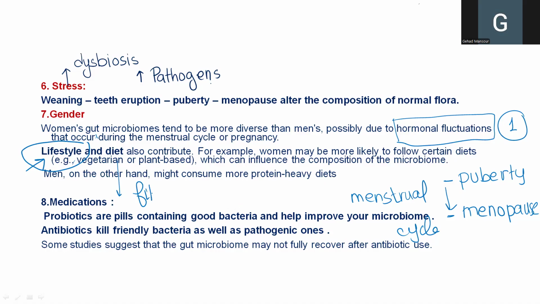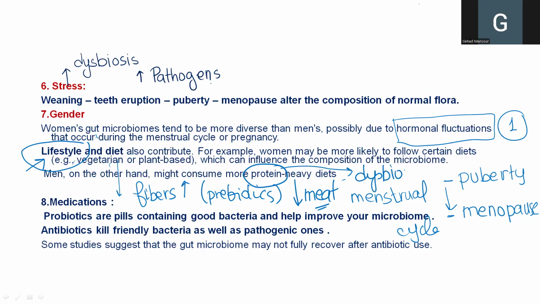Because vegetarian diets have more fibers, and the fibers are considered prebiotics, and at the same time, the vegetarian diet allows you to have less red meat and all the food items that are carcinogenic. On the other hand, males have a protein-heavy diet, and we all know how red meat results in dysbiosis.